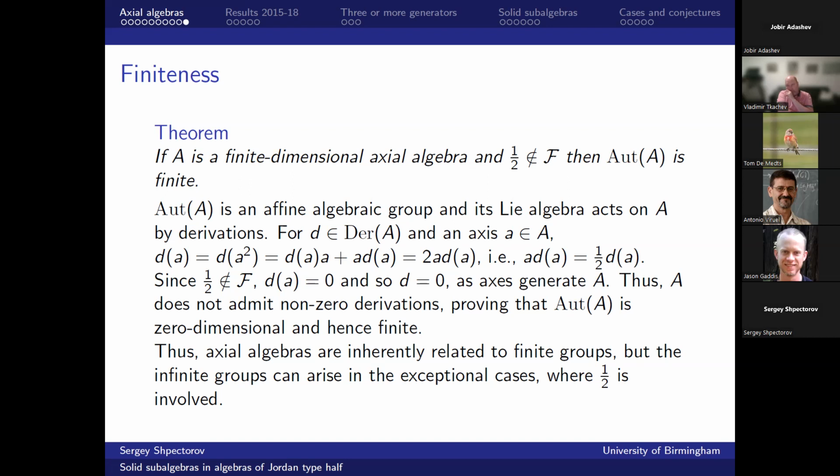So, we already mentioned that 1/2 was special because you had the examples of Jordan algebras when eta is 1/2. So now it is special in a different sense. So if eta is not a half, then the groups are necessarily finite. If eta is a half, the groups can be infinite.